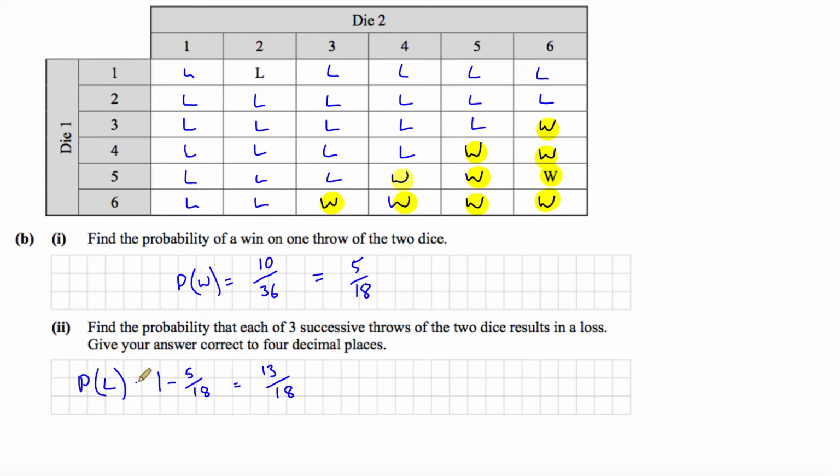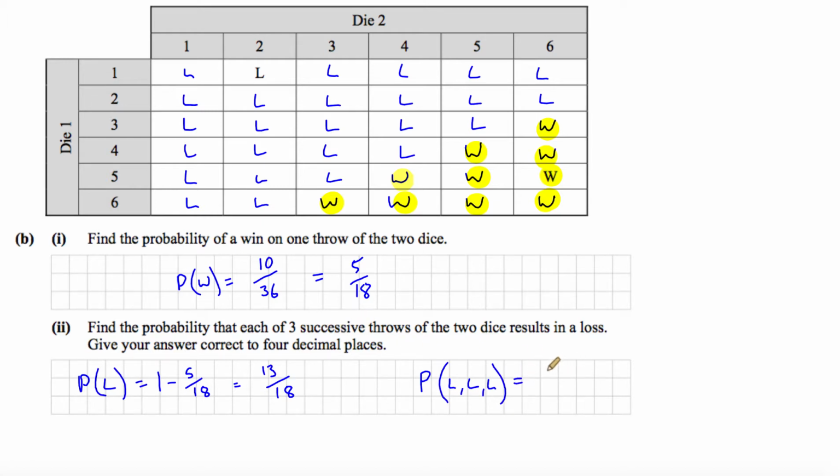Okay, so the probability of a loss is 13 over 18, but we want to know what's the probability that each of 3 successive throws of the two dice results in a loss. So in other words, we're looking for the probability of a loss, followed by a loss, followed by a loss. That's 3 successive losses.